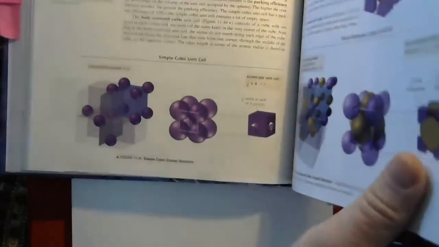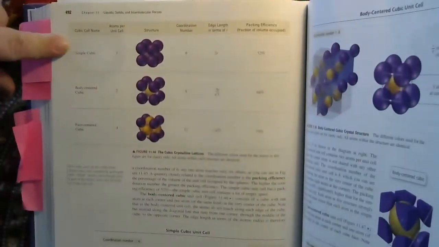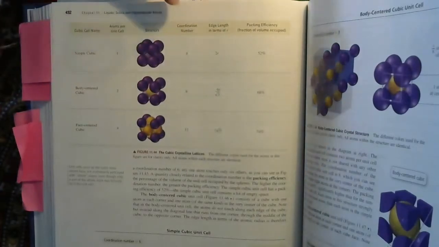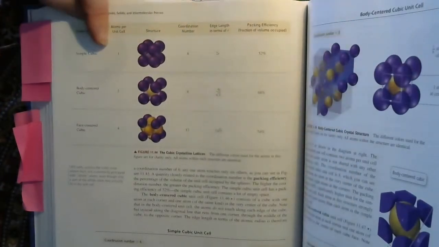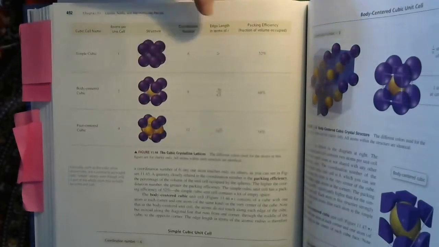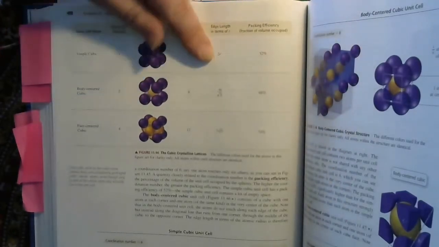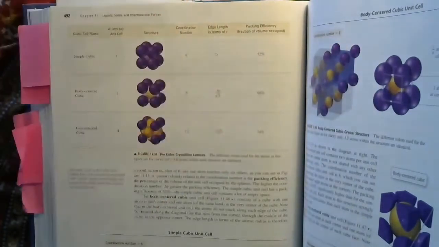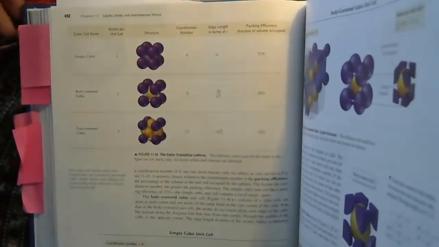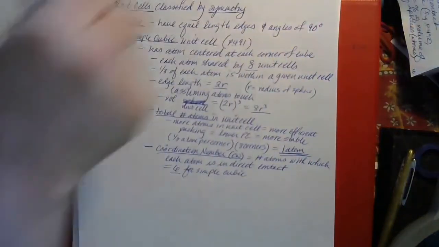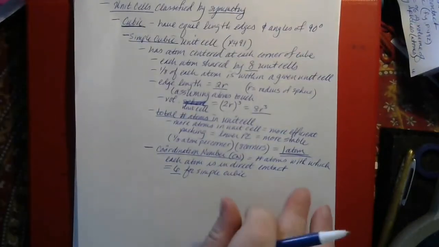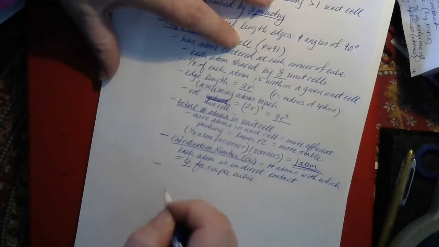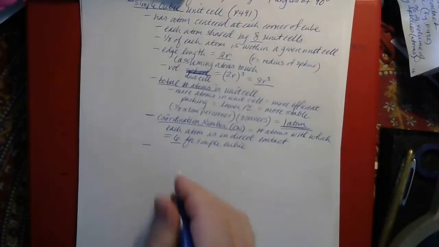And up at the top of the page, there is a table that gives these criteria, like the coordination number, the number of atoms within a unit cell, what the edge length is equal to in terms of the atomic radius, and also the percent packing efficiency for the various types of unit cells, because some of them are more efficient than others. All right, so 6 is the coordination number for simple cubic unit cells.